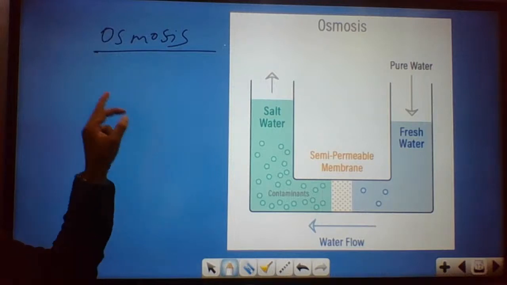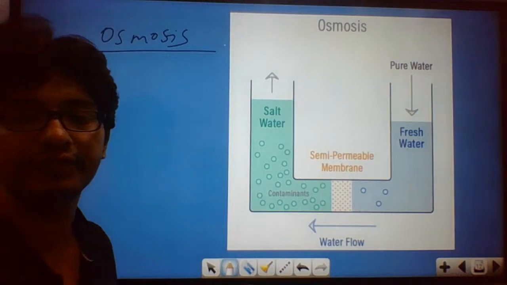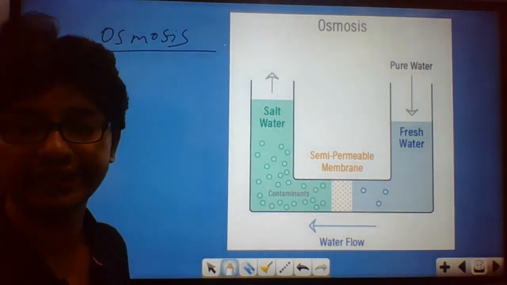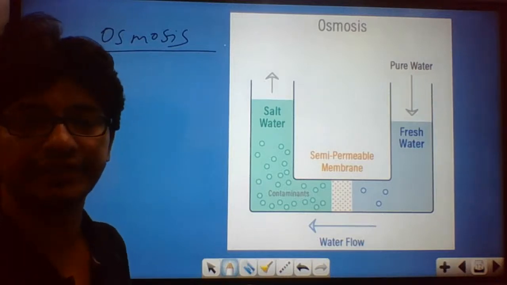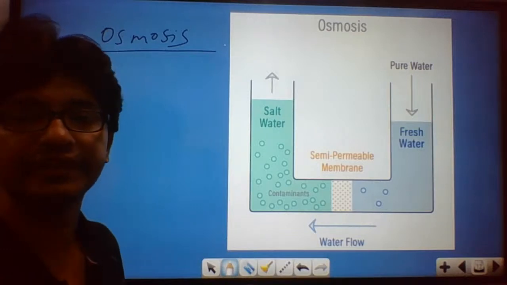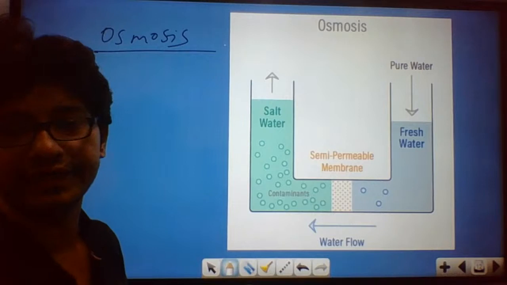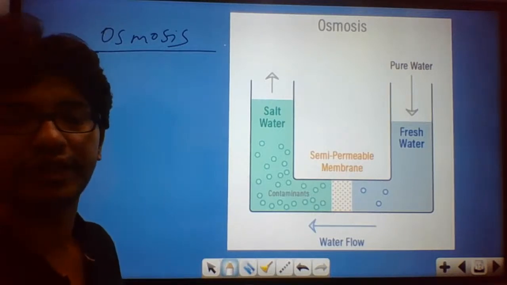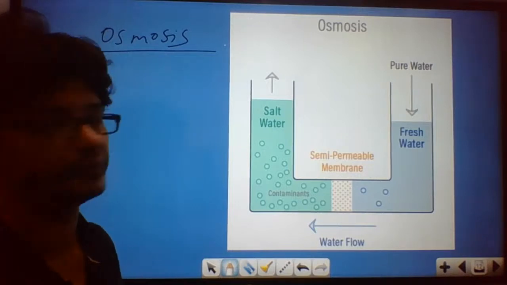Coming to this process, who proposed osmosis? Guys, any questions come from the discovery part, from the year or this area. Yes, you get questions from the discovery. That is the reason we often take the historical perspective, the scientist and the year of invention, and give importance to this area. As far as transport in plants is concerned, you get 3 to 4 questions from this particular chapter.